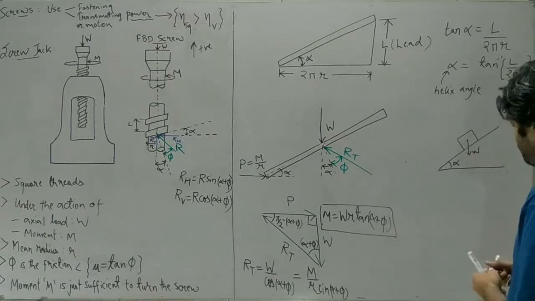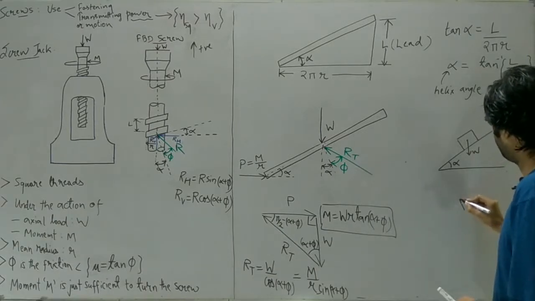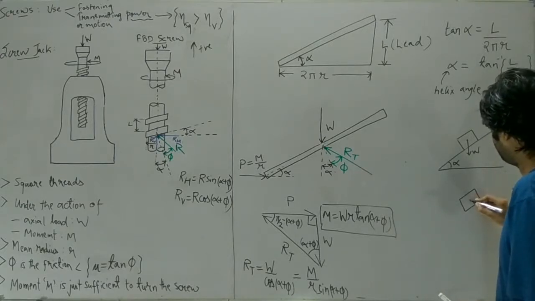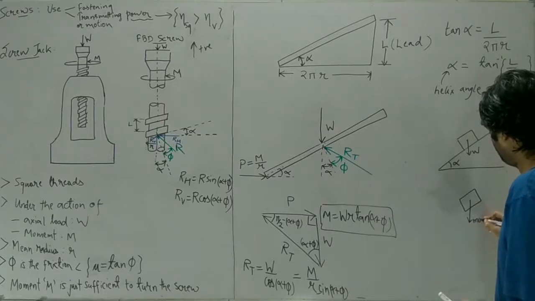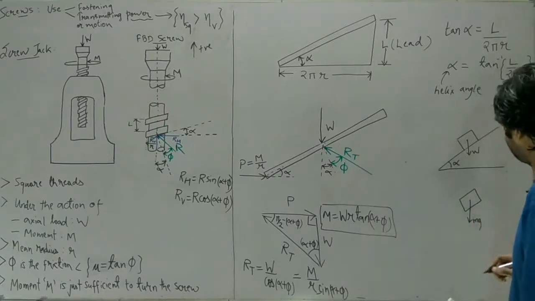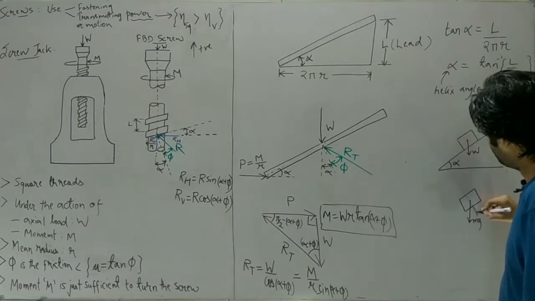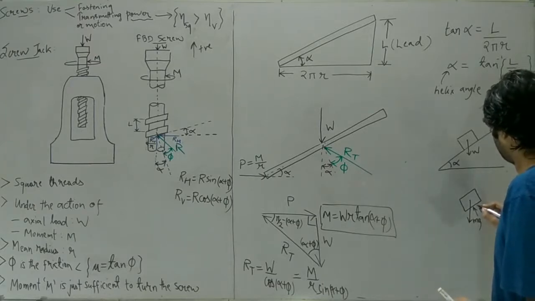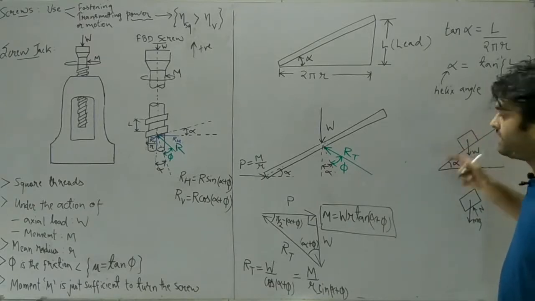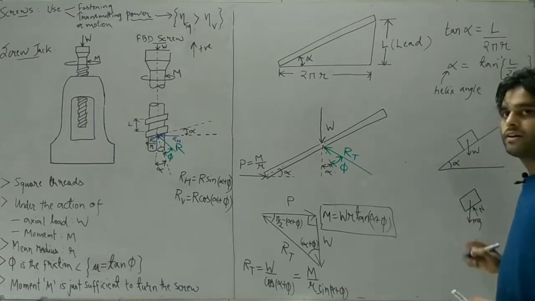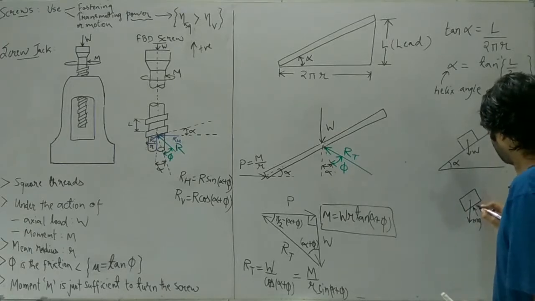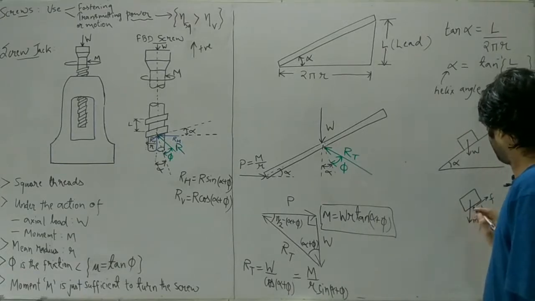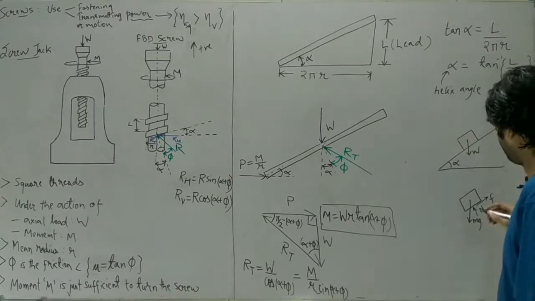Now if we draw the free body diagram of this weight, then obviously mg will be acting downwards, normal reaction will be acting like this. It will have a tendency to slide down, so the frictional force will be backwards. These are the only forces.